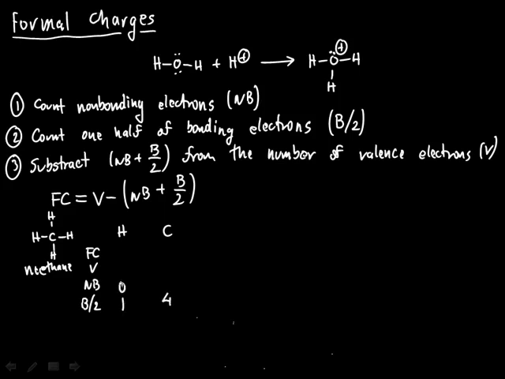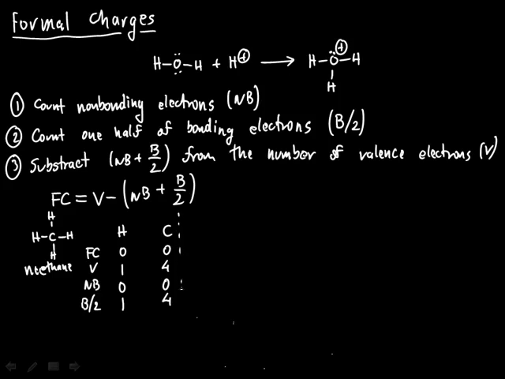Neither of them has non-bonding electrons, so these are both 0. Hydrogen is in the first group, whereas carbon is in the fourth group. And if we start subtracting the sum of this and this from this, we'll get a 0 here and a 0 here, which means that both hydrogen and carbon in methane have no formal charge to them.